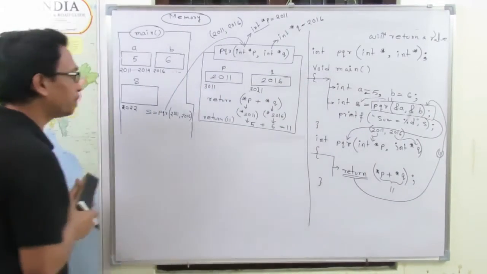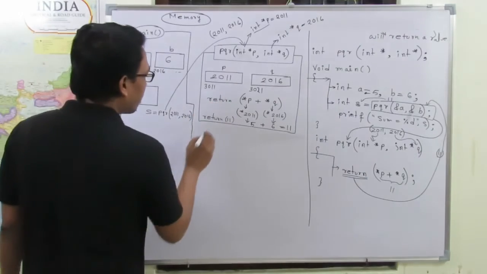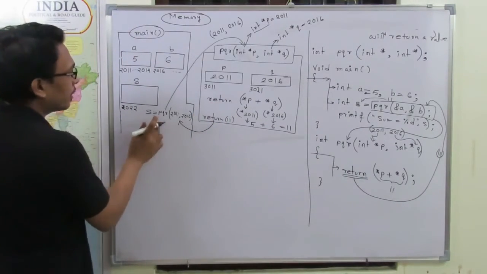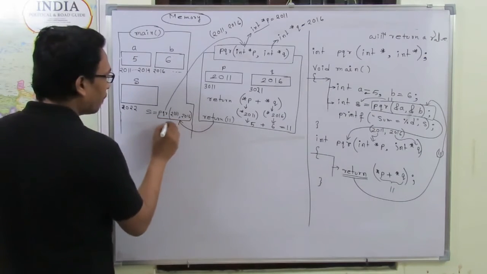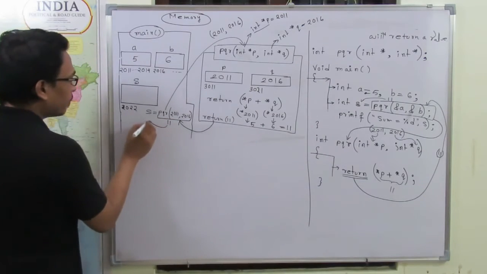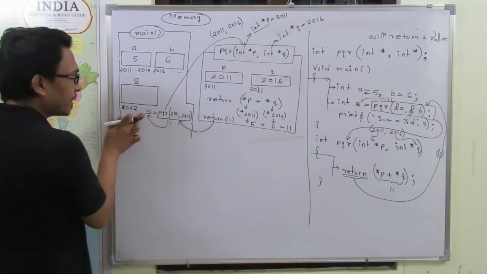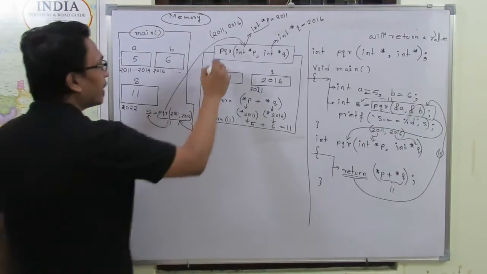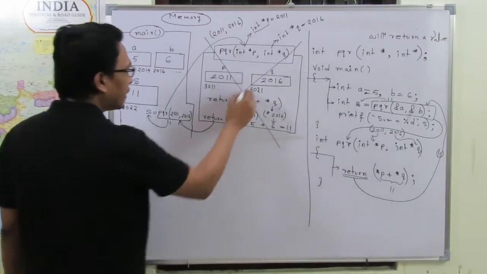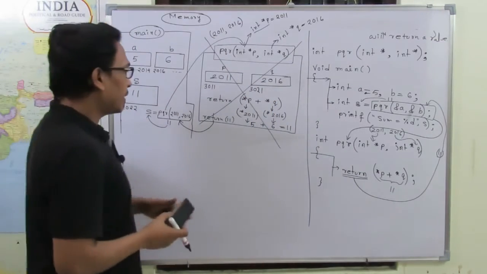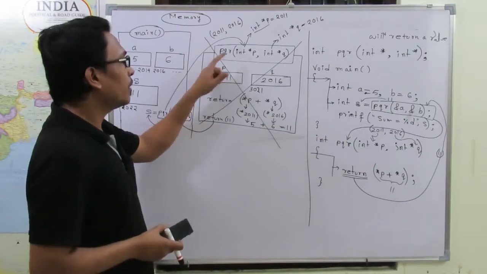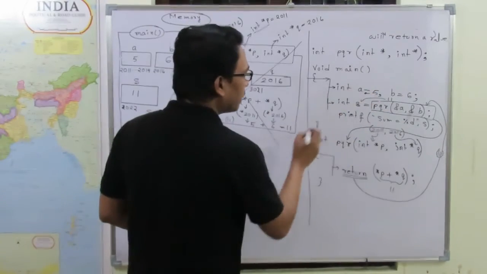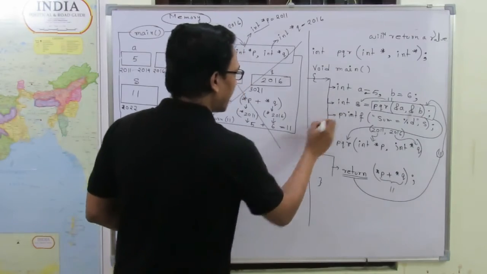Clear? So in memory, it returns from here and comes into the main block with the value of 11. Now this 11 will be stored in the memory block represented by S. So S will contain 11, and the whole PQR memory block will be deallocated at the time of return from this PQR function. Now inside this main function, the next instruction is printf.